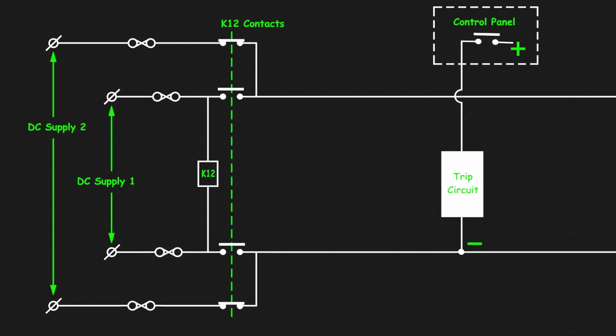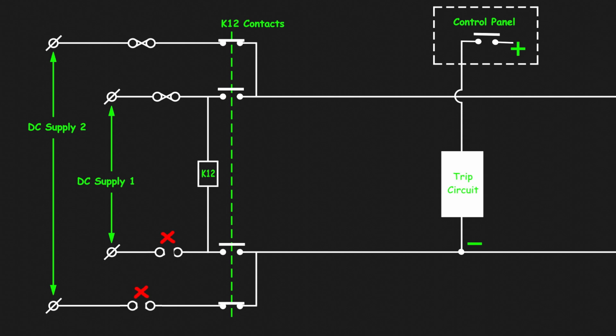We should not provide any fuse in the negative path of this control circuit, because in the second scheme, the positive path comes from the control panel, but the negative path is common. If we provide fuses here in the negative path and these fuses blow, then even if the DC comes from the control panel, due to the discontinuity in the negative path, the breaker will not open.